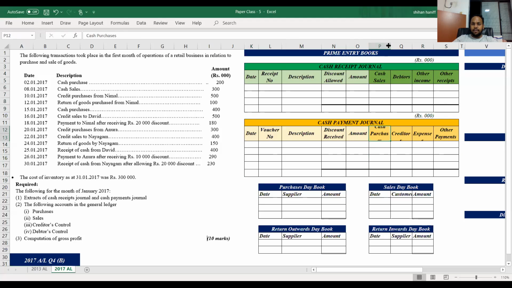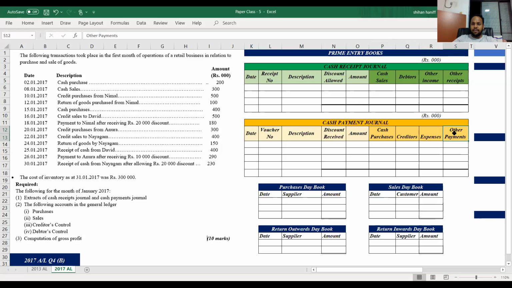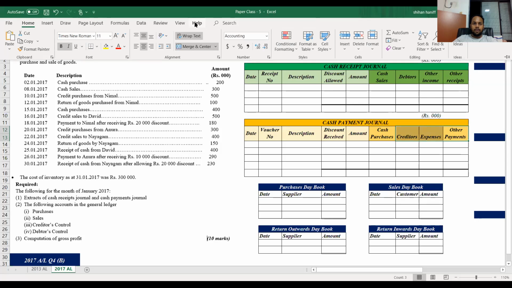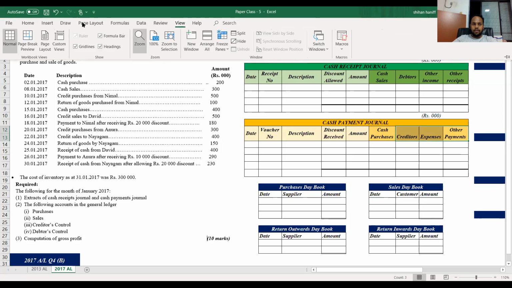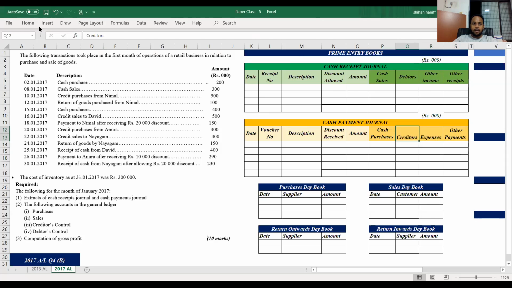And the other side, the analysis, we have cash purchases, creditors, expenses, and other payments. Right. So please draw the cash receipt journal and the cash payment journal.